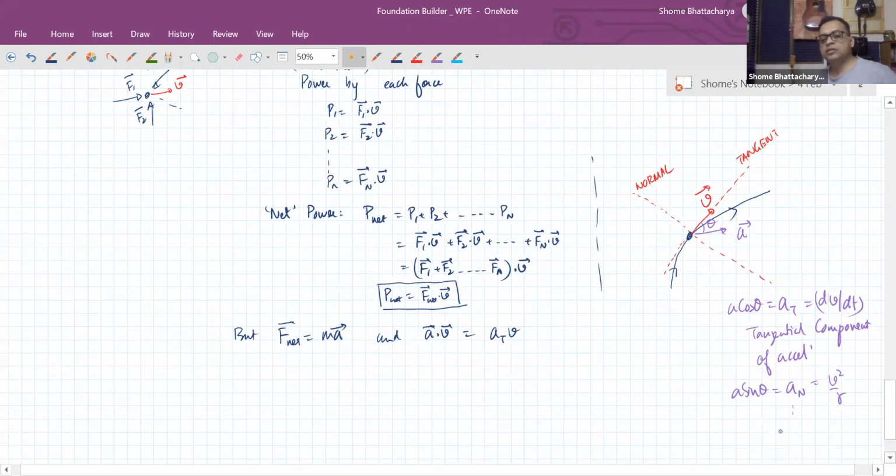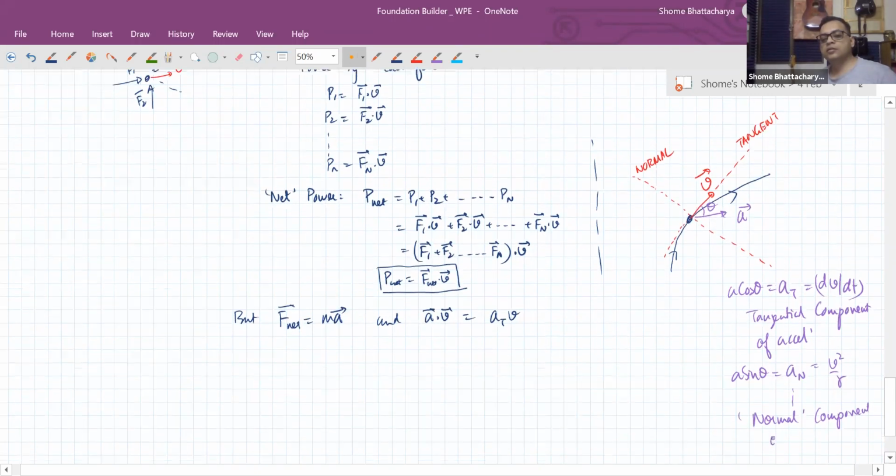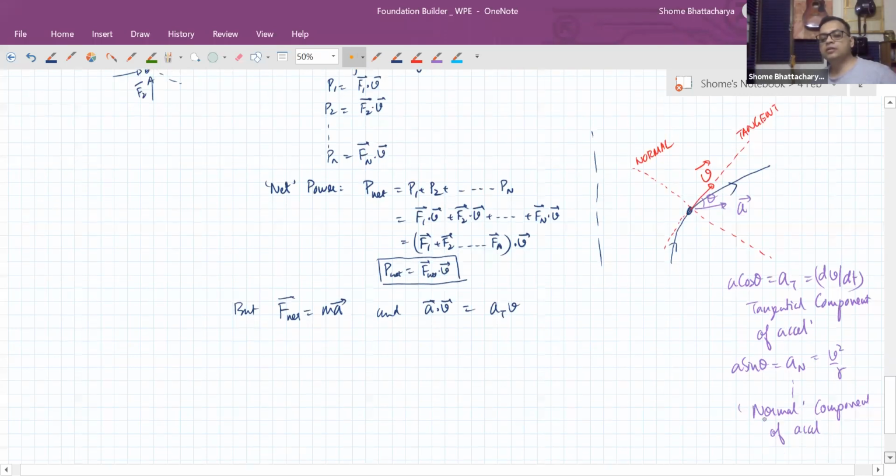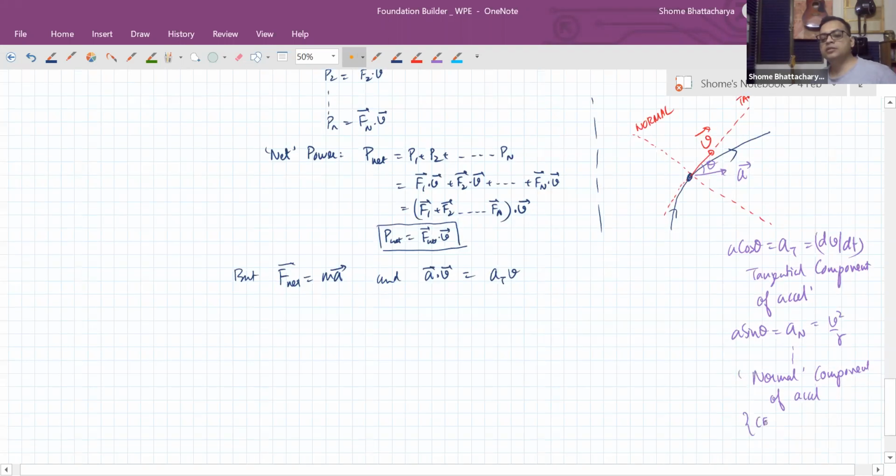So this is the normal component of acceleration, which basically becomes equal to v square by r because it is centripetal in nature.